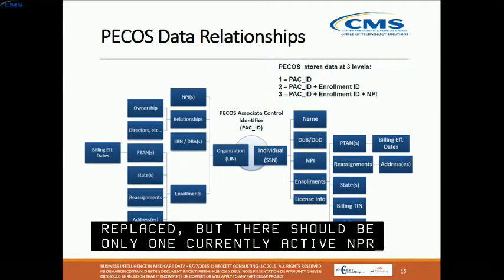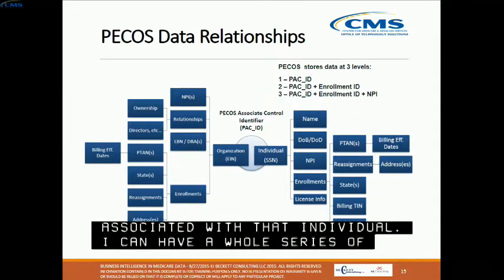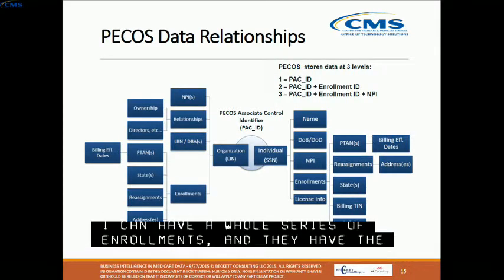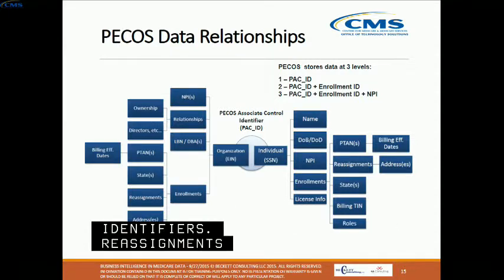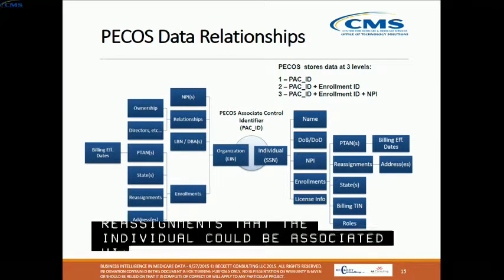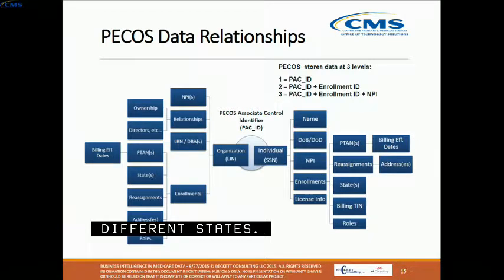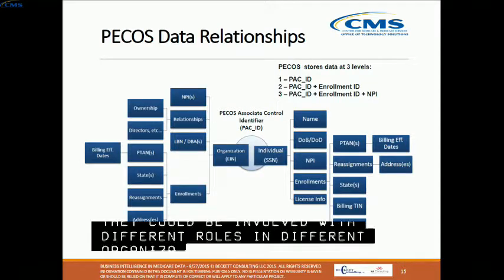That individual can, however, have a whole series of enrollments, and associated with that series of enrollments are PTANs, which are the billing account identifiers, with reassignments that this individual could be associated with over time with different organizations. They could be involved in different states, and they could be involved with different roles in different organizations. Of course, licensing information and other demographics associated with the individual.